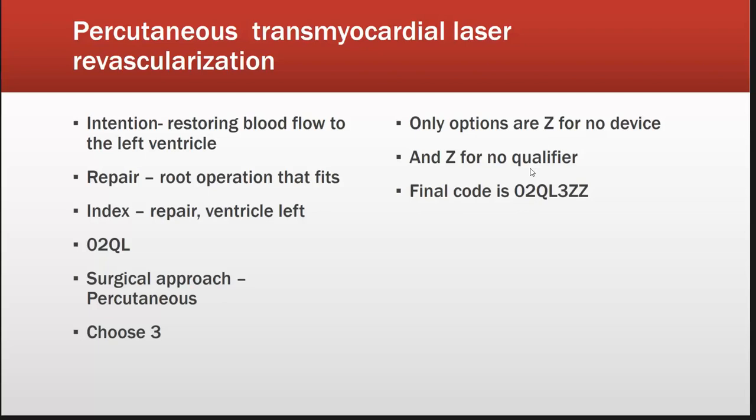Then for our device and our qualifier, when we go across the row at that table, we have no choices but Z are given to us. So we have 02QL3ZZ as our code for a percutaneous transmyocardial laser revascularization of the left ventricle.